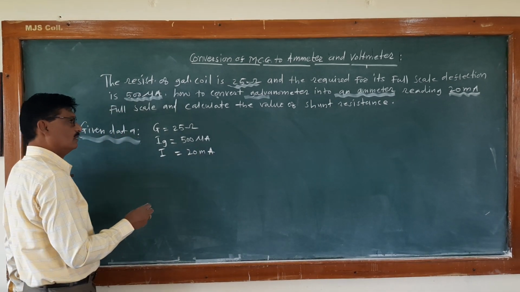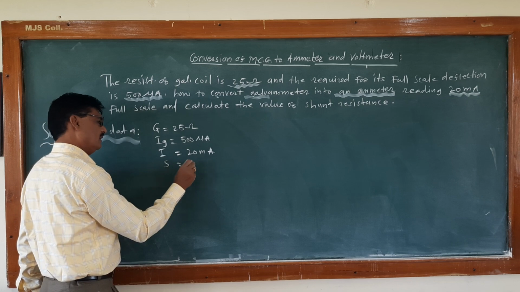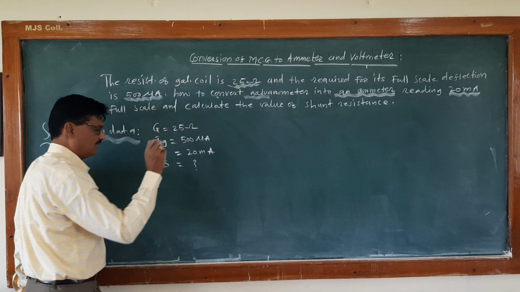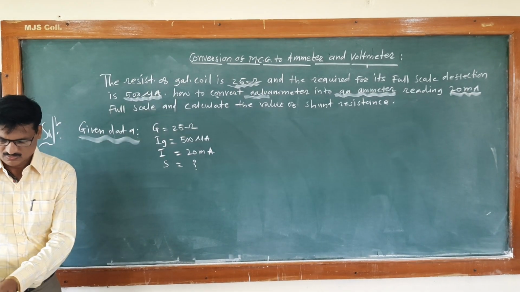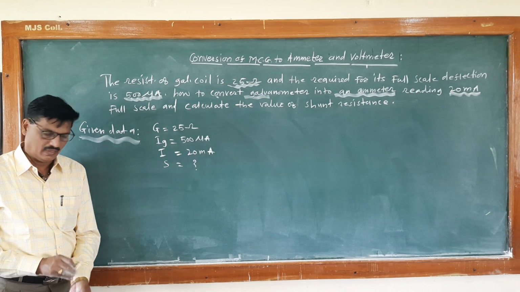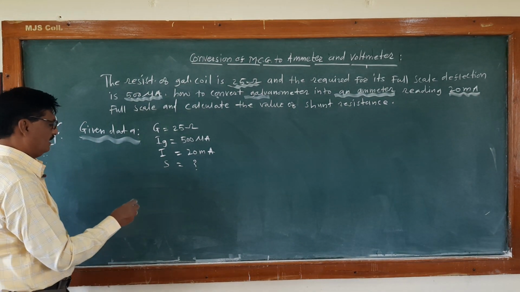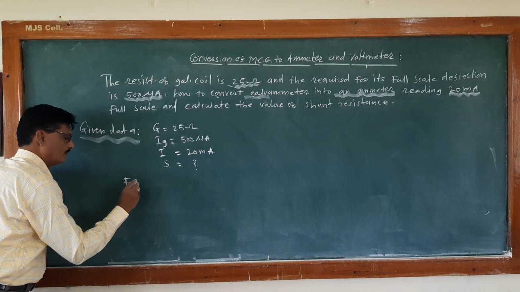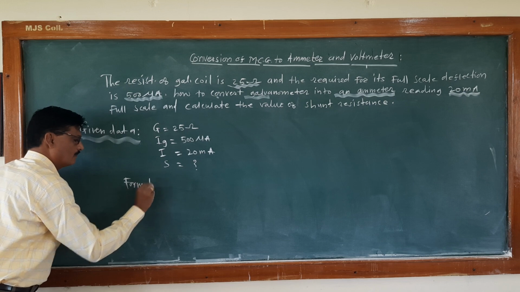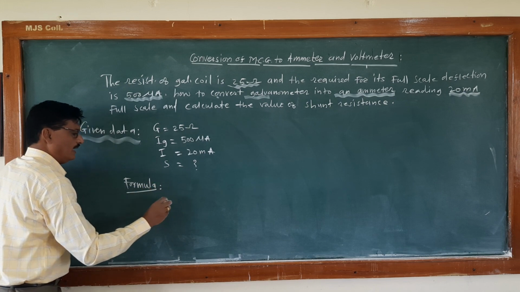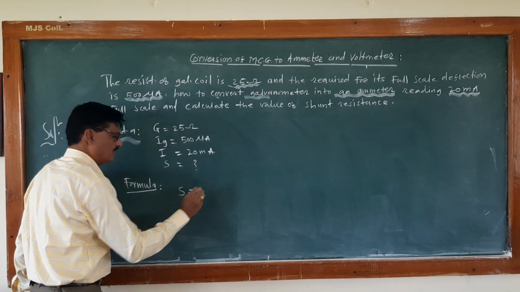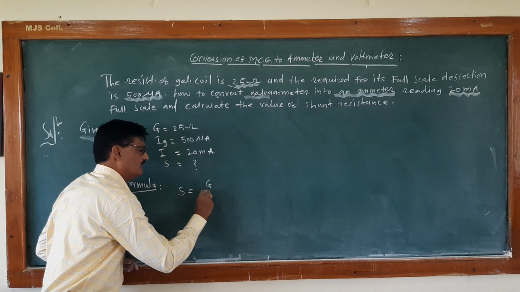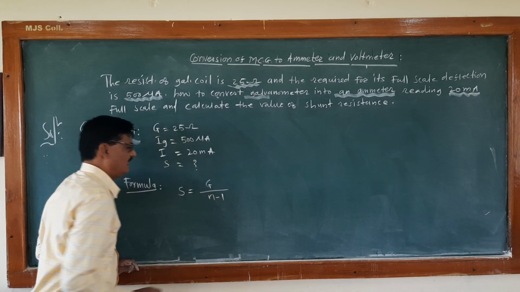How to convert a moving coil galvanometer into an ammeter? They ask us to find out the value of the shunt resistance. S is equal to how much? We know that the formula here is S is equal to G upon n minus 1, G divided by n minus 1.